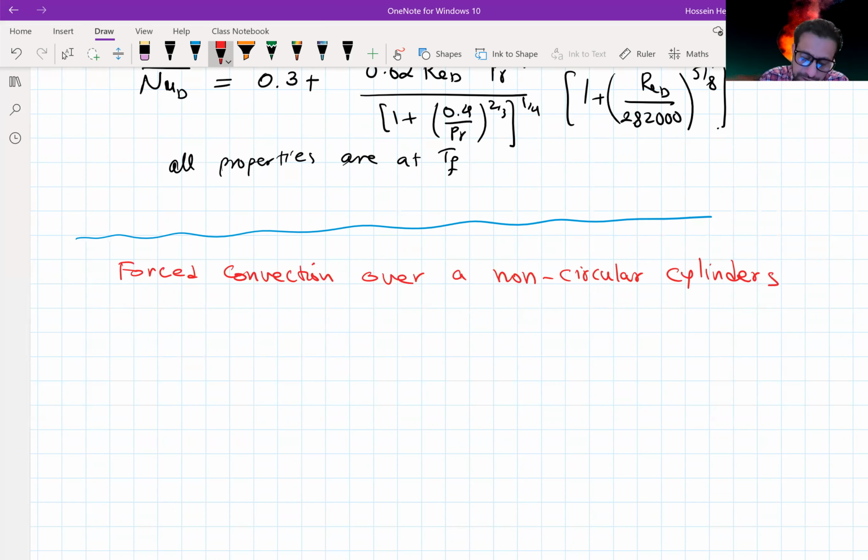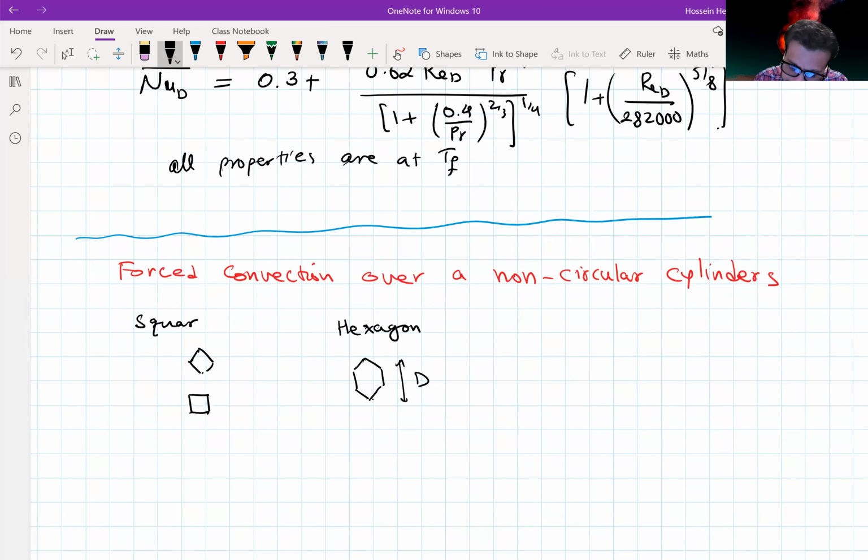If the cross section of the cylinder is not a circle, let's say it's in the form of a square, something like that, or like this one, or it could be in the form of a hexagon, and one of the shapes could be like this.